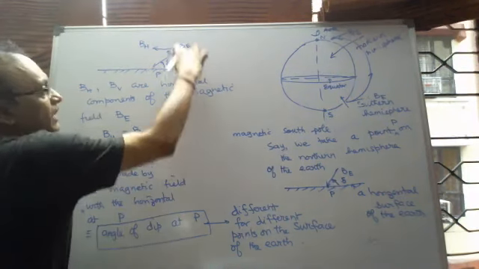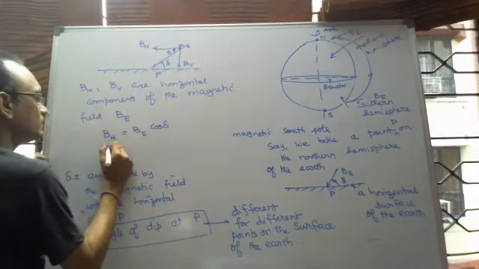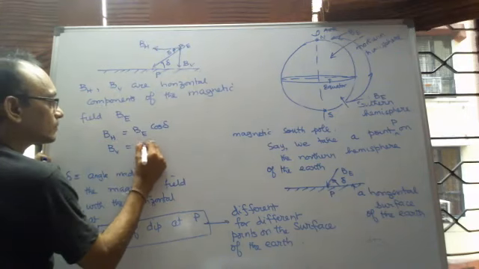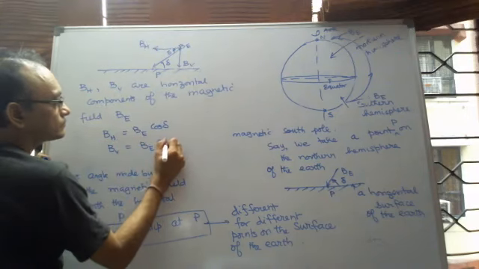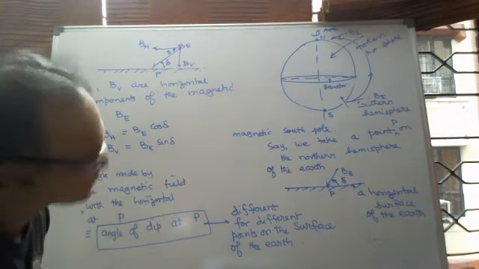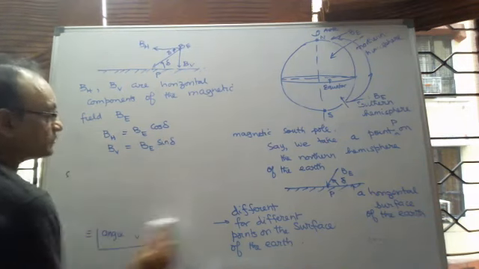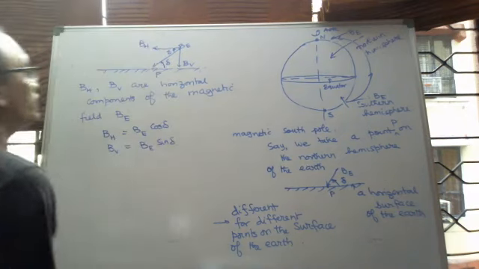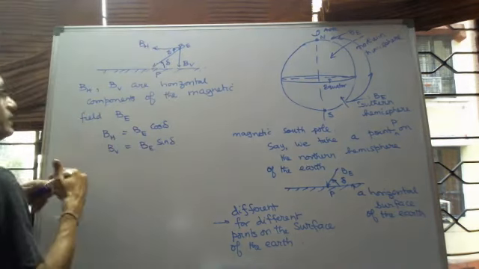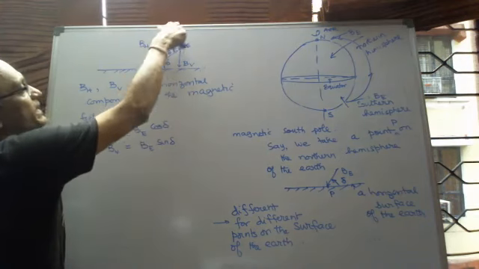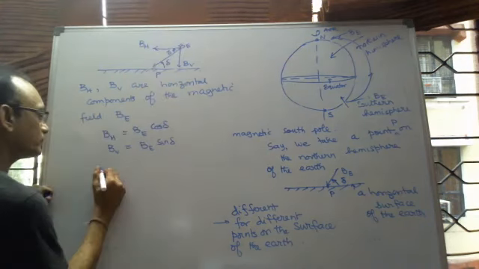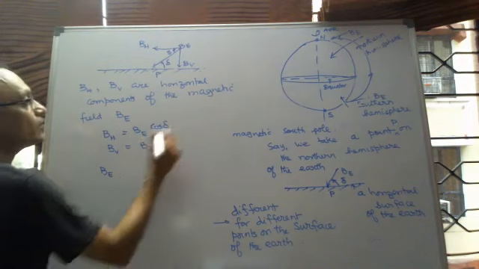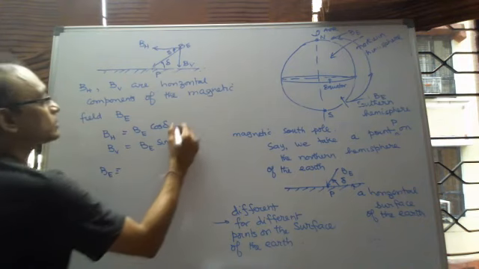And BV क्या होगा? BE sin delta. Where delta is the dip at the point P and BE is the magnitude of the magnetic field, terrestrial magnetic field at the point P. Very clearly, BE square will be BH square plus BV square.